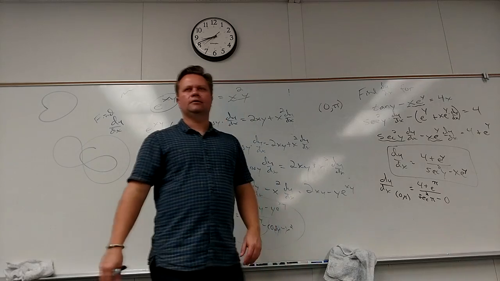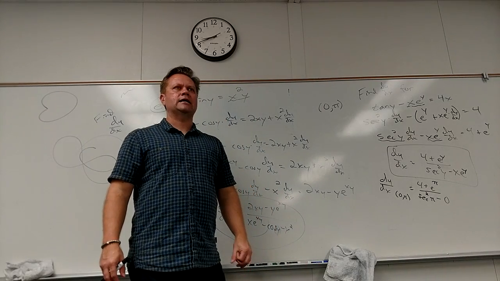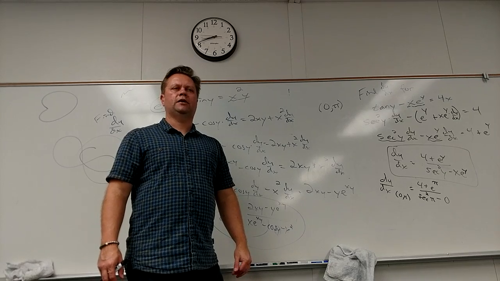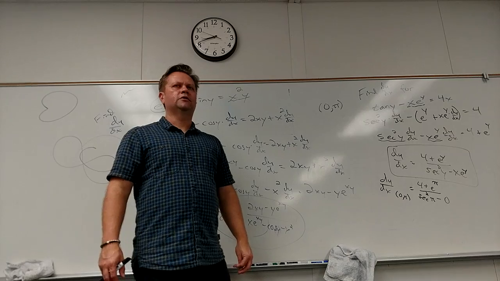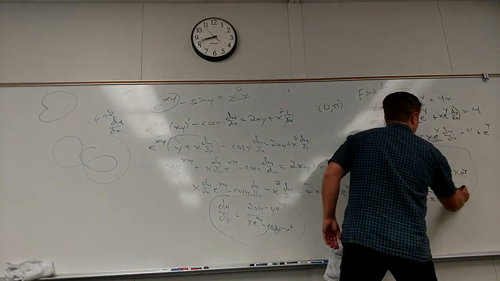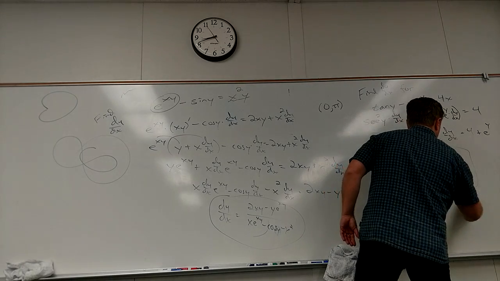What is secant pi? What's cosine pi? -1. So secant pi is -1. Squared is 1. So I end up with 4 plus e to the pi. That's one of the coolest slopes.